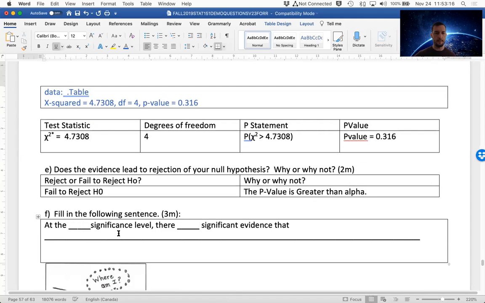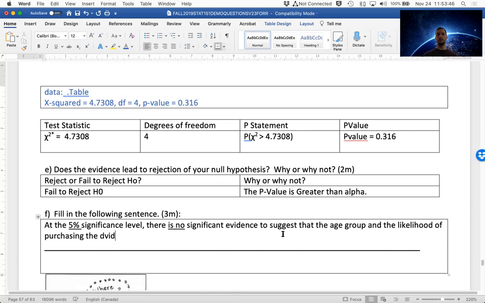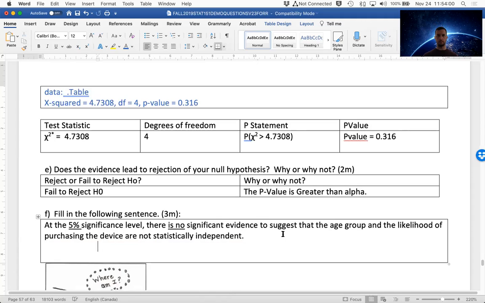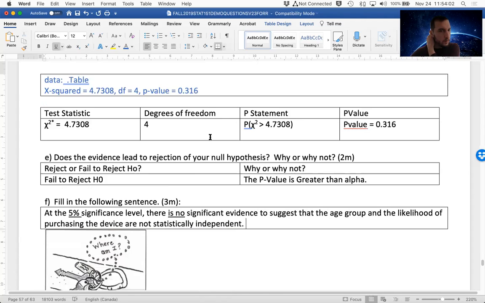So we can say at the 5% significance level, there is no significant evidence to suggest that the age group and the likelihood of purchasing the device are not statistically independent. Okay.